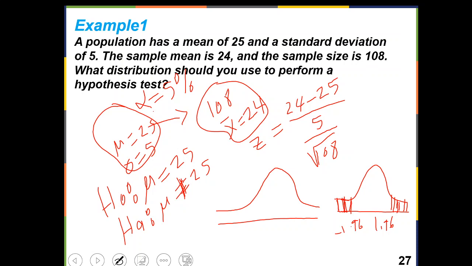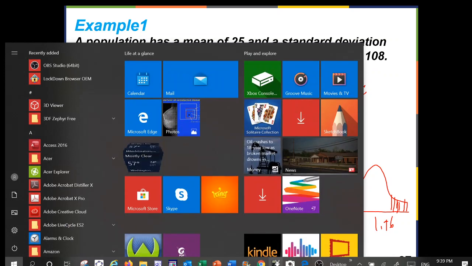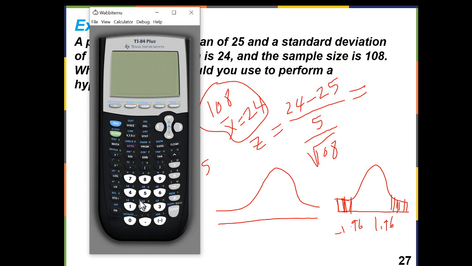And then we're going to get this number and see where it falls. Well, we have to calculate that number. What's that number? Well, 24 minus 25 obviously is negative 1. I'm going to divide it by, not by 5, but 5 divided by the square root of 108, which is negative 2.07, right?